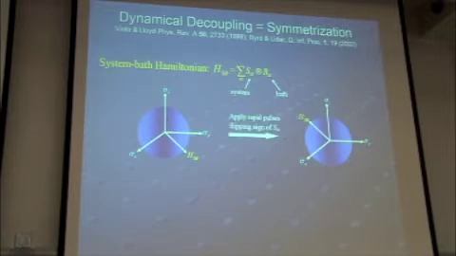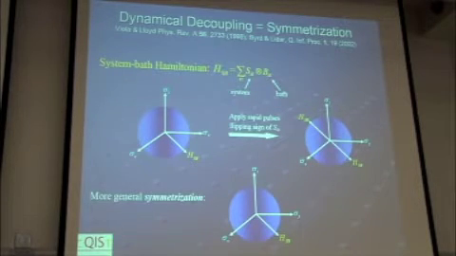Time reversal is the operation of flipping the Hamiltonian to be on the opposite side. And if you do this over and over again, the average of these two vectors is 0. So it's as if the system bath Hamiltonian just got averaged to 0 and it's gone. But if you think about it in these terms, you realize that time reversal is not the only thing you can do. How about putting the Hamiltonian on the vertices of a tetrahedron? All right, so we can do this.